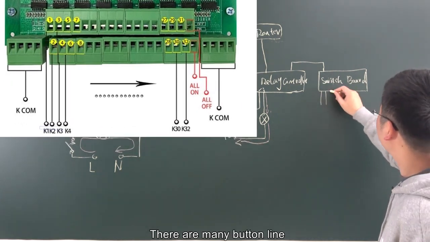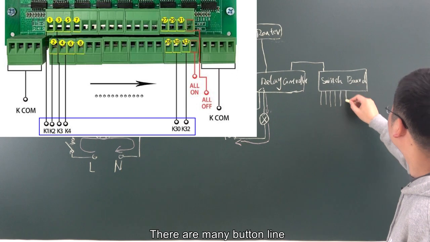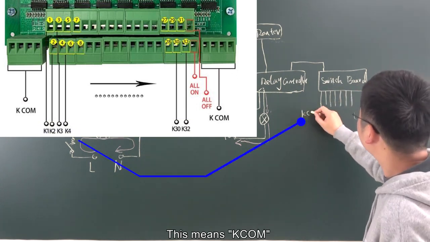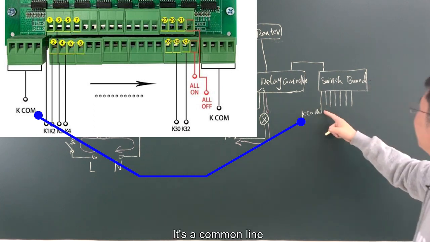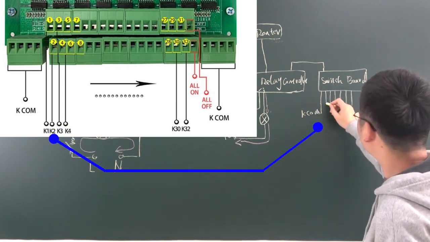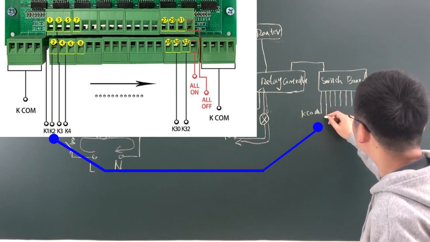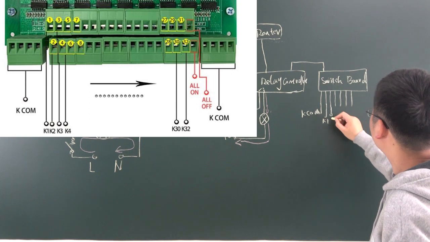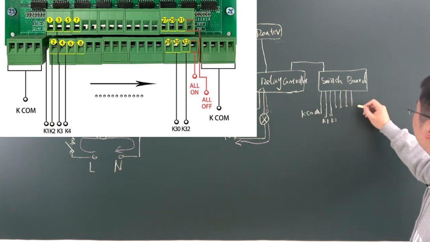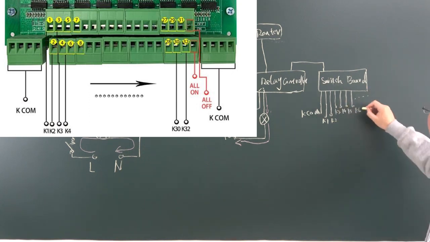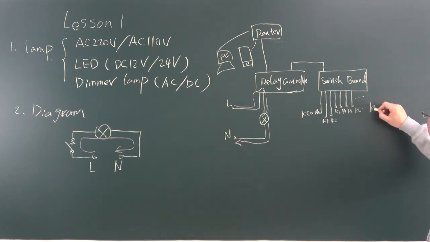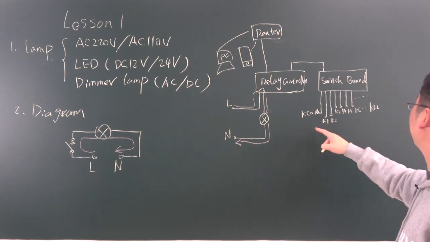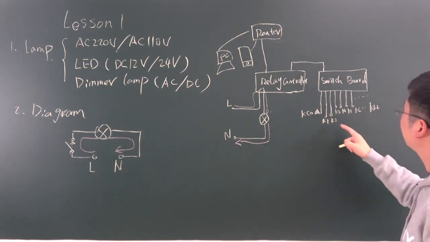There are many button lines. This means KCOM, a common line, and this means K1 and this means K2, until the maximum, K32. So you can use only one or use all 32 buttons.